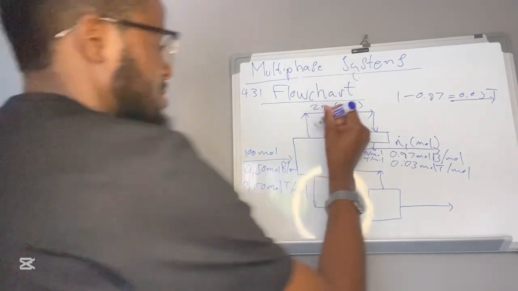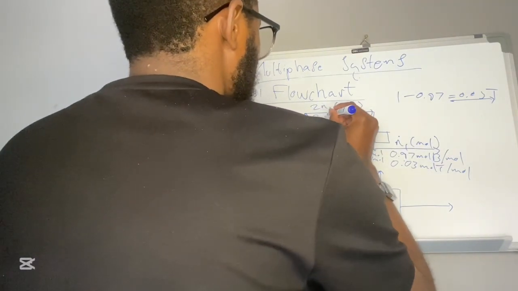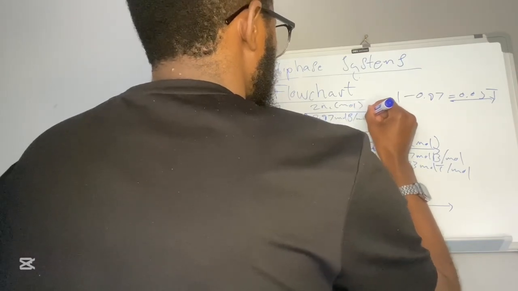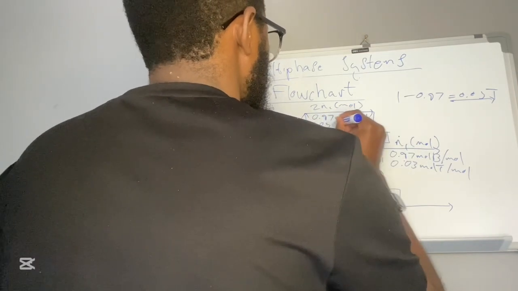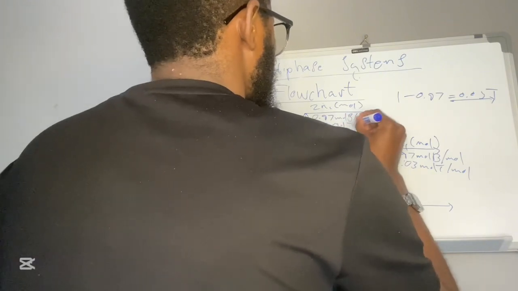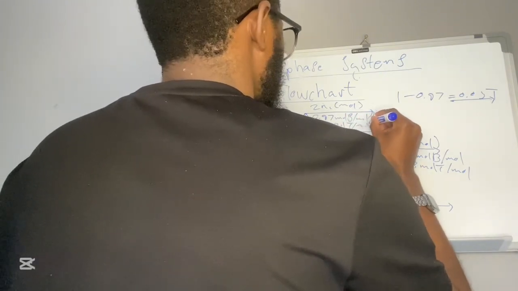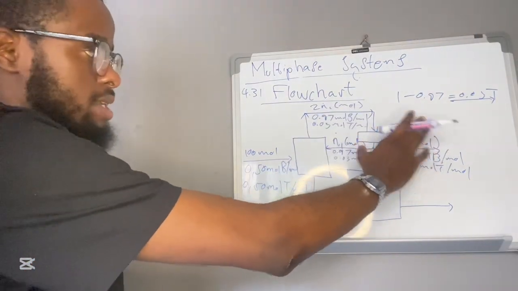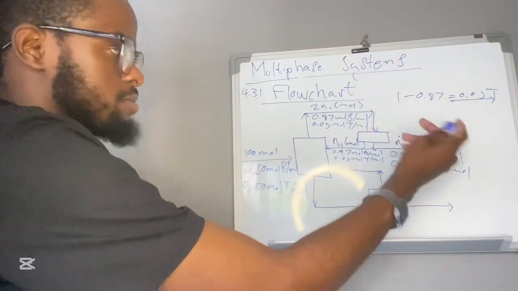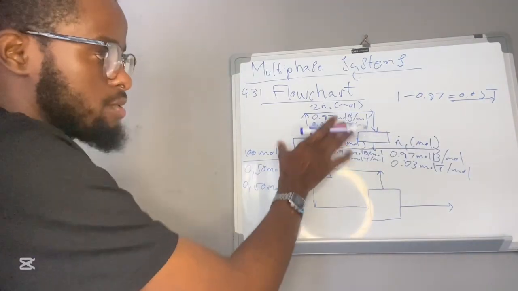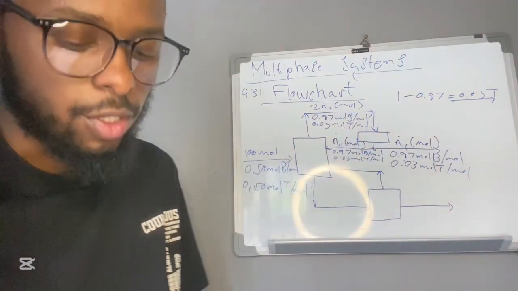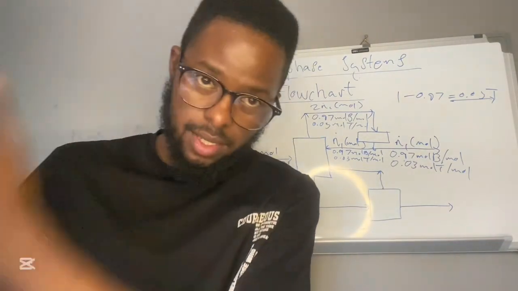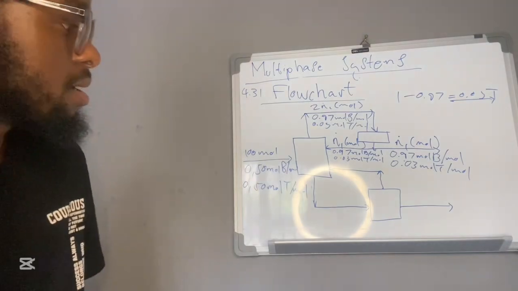Nothing really happens, so the component balance here is still 0.03 mole toluene per mole. So we are done with the vapor stream now, right? The vapor stream, the condensed stream, then the reflux, and now we're going to the liquid stream, because remember, this is an equilibrium mixture of vapor and what? Liquid, right?